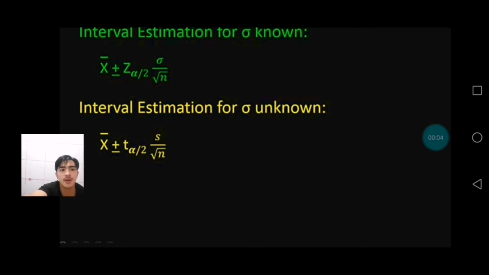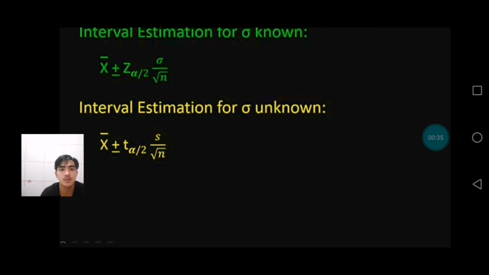Now, the formula for sigma unknown is very similar to the formula above. First of all, we will need to use S instead of sigma. And since we are estimating sigma, we will need to look up values in the t-table, so that we have T instead of Z in the formula.